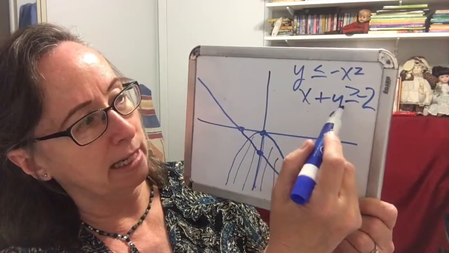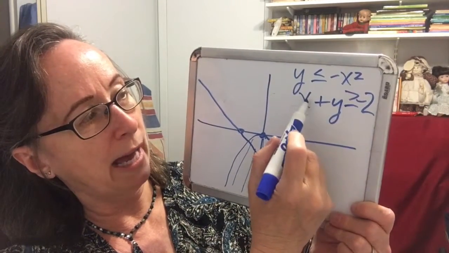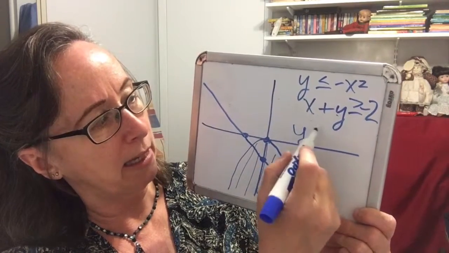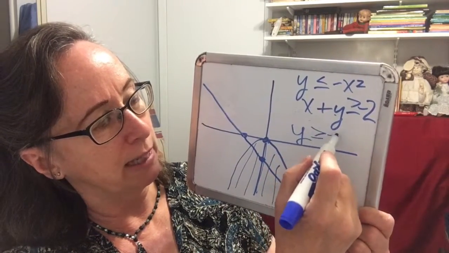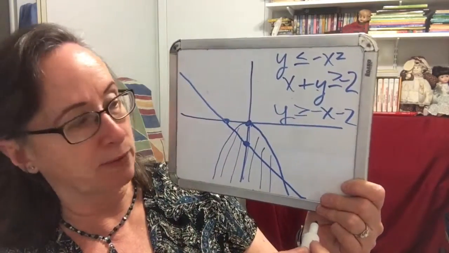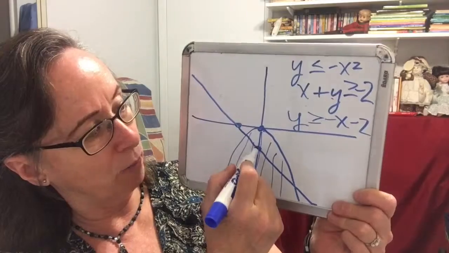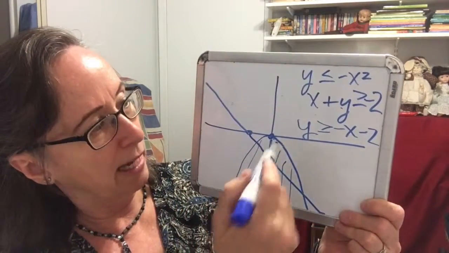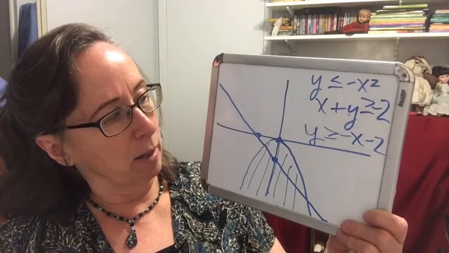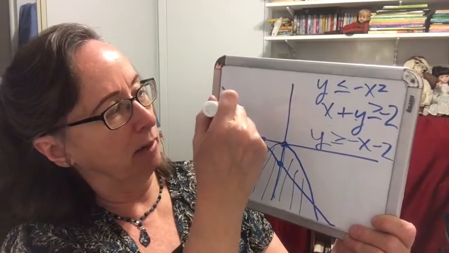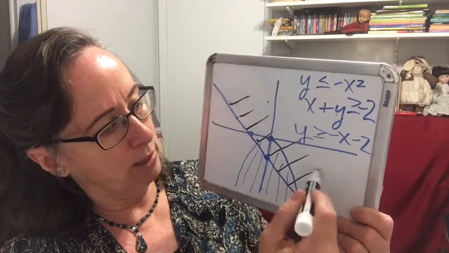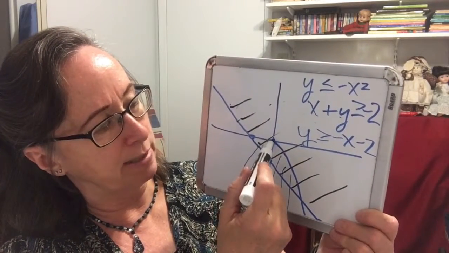And we're shading, if we put this in slope-intercept form, wouldn't it be y is greater than or equal to -x minus 2? Okay, and we do have a slope of -1, and we do have a y-intercept of -2, and y is greater than, so we'll get our black marker here, and we'll shade greater than the line, and we should always check with our 0, 0 test point.